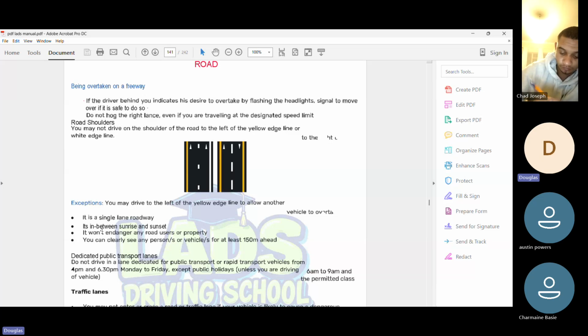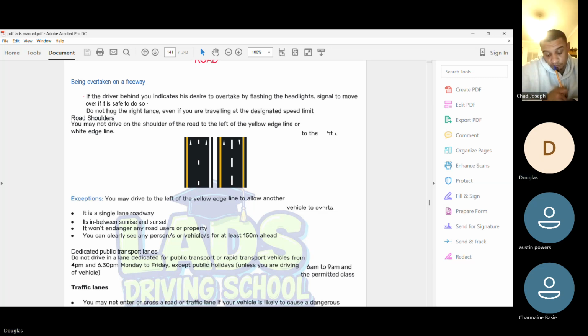Only during the day, meaning between 6 and 6. If it's after 6, it's no longer described as between sunset and sunrise. If it is not going to endanger other road users or property, if you can clearly see any person or vehicle in front of you, 450 meters ahead.